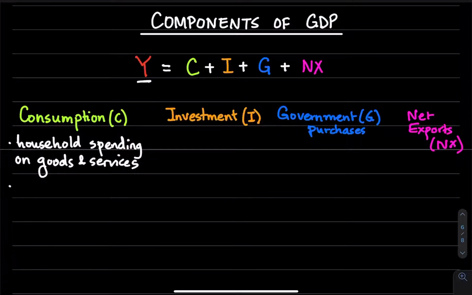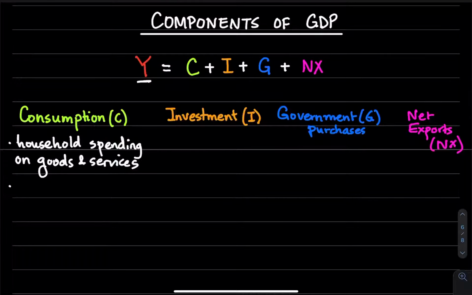Okay, and so anything like goods that are durable, for example, refrigerators, automobiles, appliances, and other types of non-durable goods such as food and clothing, and services like dry cleaning services, haircuts, doctor's visits, and things like that, all of that is going to be counted under consumption.